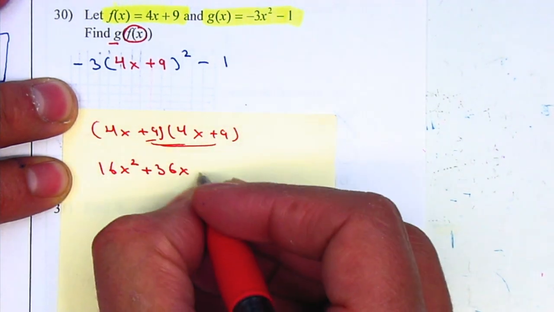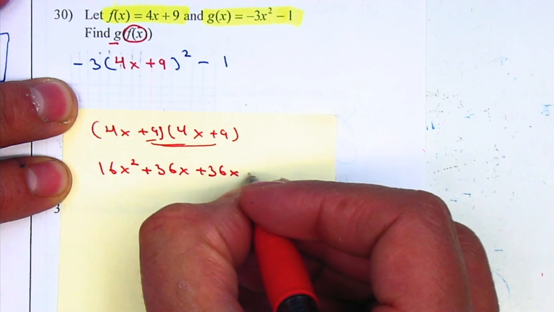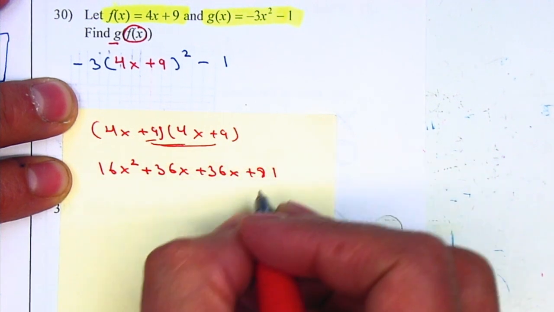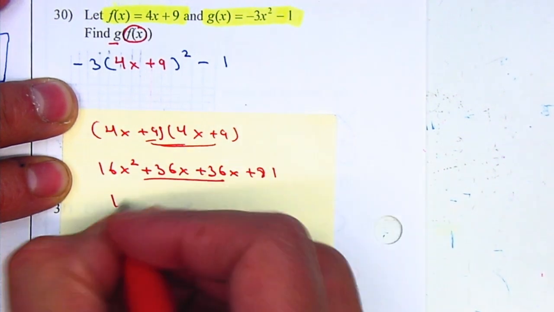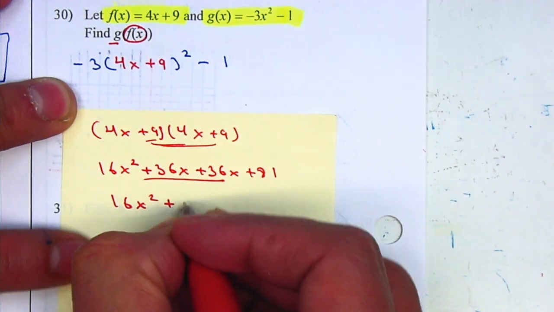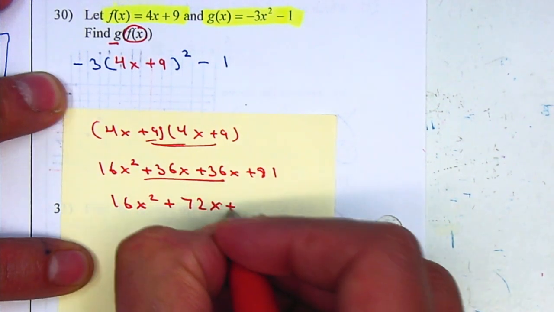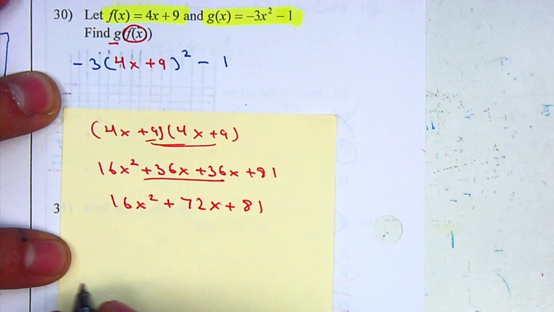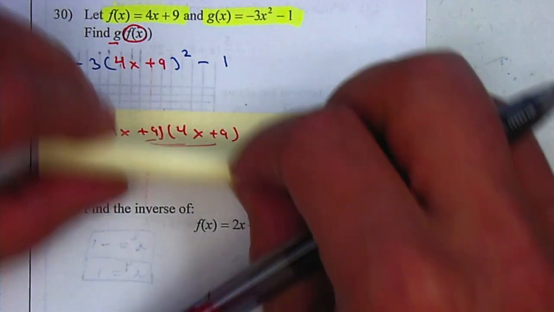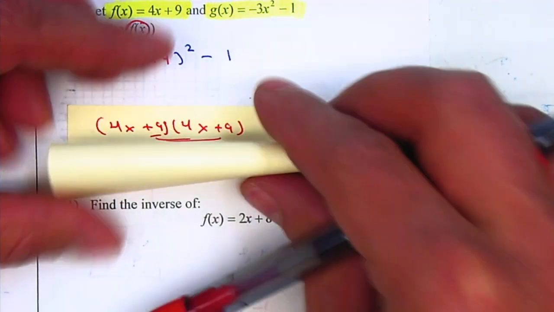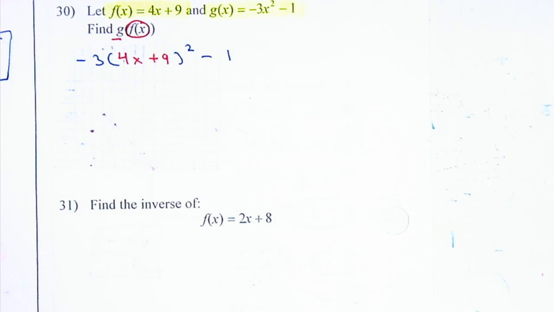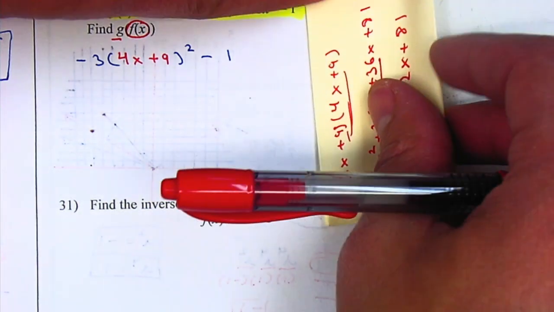Multiply the 9 times both, positive 36x plus 81. Combine like terms, 16x squared plus 72x plus 81. So just make sure to save this and turn it in with your assignment. In this case, I'm just going to post it right here.